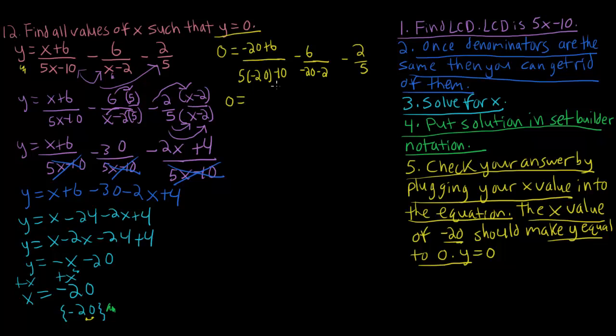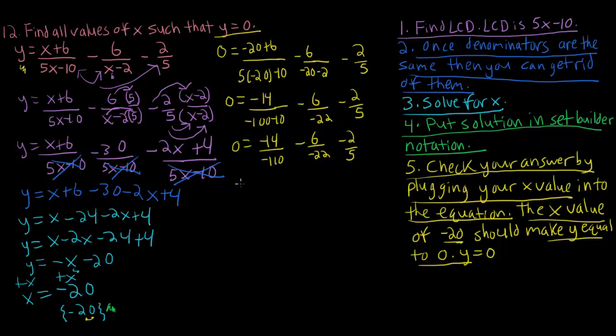0 equals negative 20 plus 6 is just negative 14. And then 5 times negative 20 is negative 100 minus 10. And we got minus 6. And then negative 20 minus 2 is minus 22. Minus 2 over 5. 0 equals negative 14, negative 100 minus 10 is negative 110, minus 6 over minus 22 minus 2 over 5.